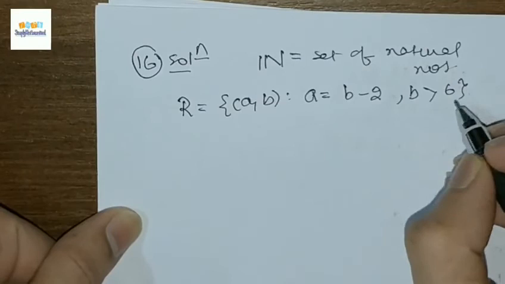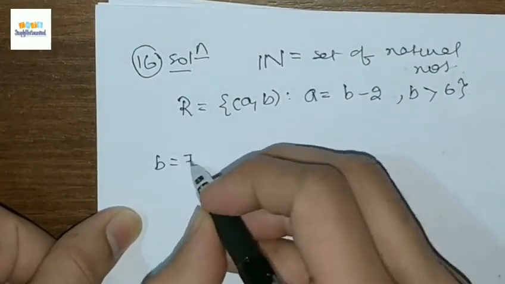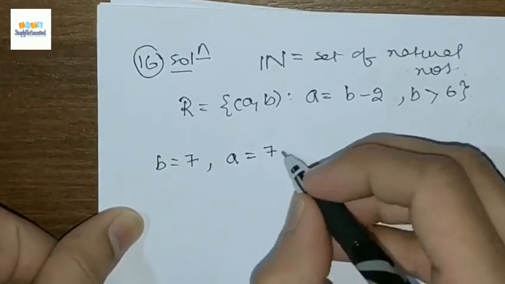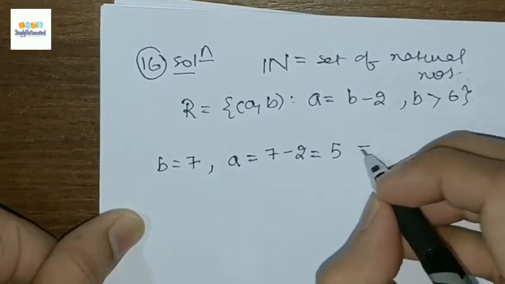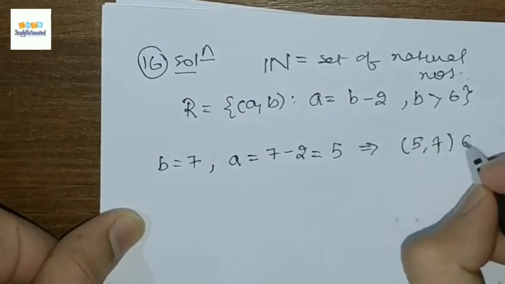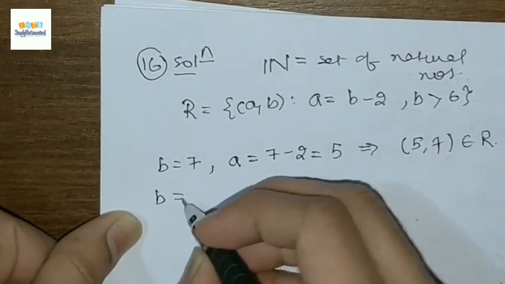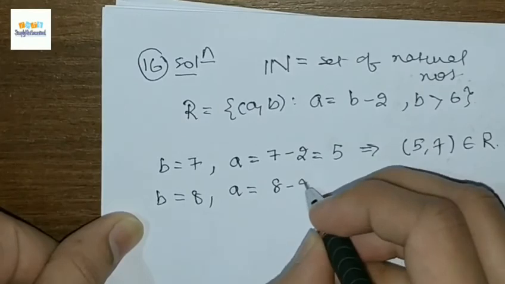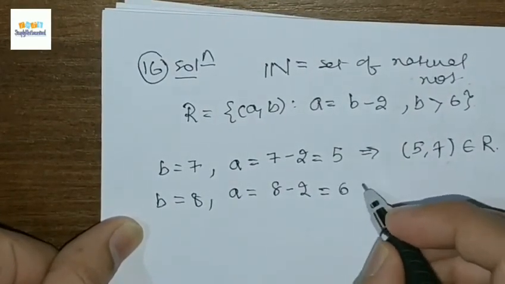B is greater than 6, so let us take first b equal to 7. You will get a equal to 7 minus 2, which is equal to 5. So the element (5, 7) will belong to R. Then we will take b equal to 8. So we will get a as 8 minus 2, which is equal to 6.